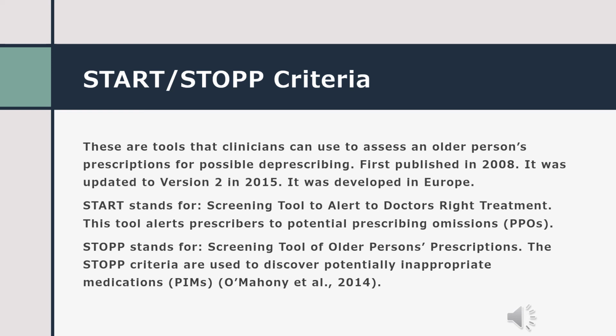This tool helps alert prescribers to potential prescribing omissions, which means drugs that they could be prescribing to their patients based on their medical conditions that may be of benefit to the elderly person. And the STOP criteria stands for the Screening Tool of Older Persons' Prescriptions. The STOP criteria are used to discover potentially inappropriate medications, or PIMs. So STOP and the Beers criteria are very similar.